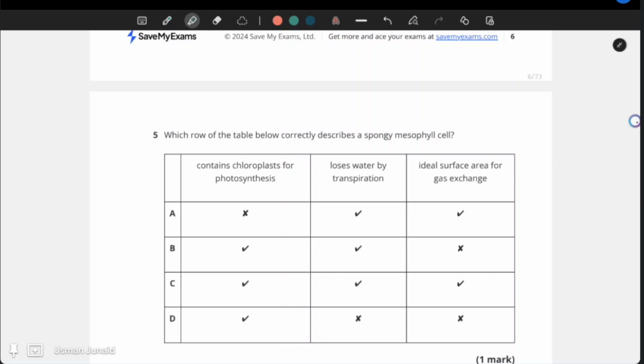Think about it and give me the answer. What kind of structures would be present in a cell that is present in leaves?